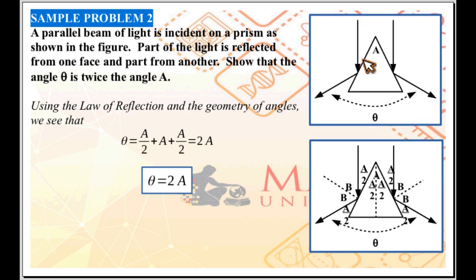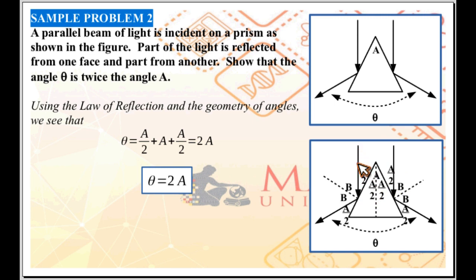Now, the two beams of light reflect off the sides of the prism, so we have the law of reflection. According to the figure, the two beams of light are incident on the prism such that, if we divide angle A into 2, the angle of this beam of light with respect to this side of the prism is A over 2, and on the other side, you also have A over 2.